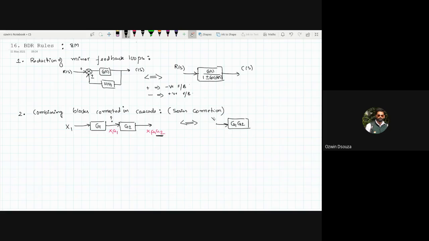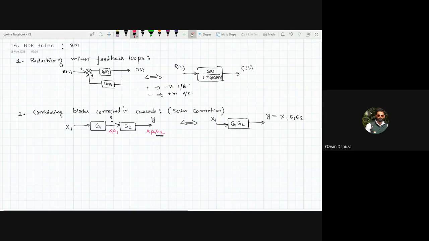This is the input X1, and let's say this is your output Y. Even if you clump the two transfer functions, the output is going to be X1 into G1 into G2.